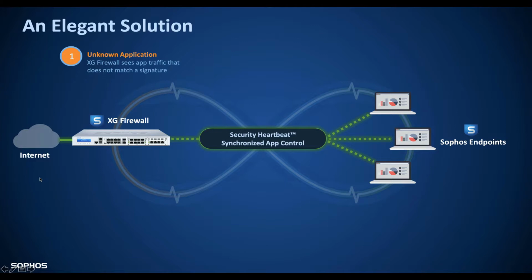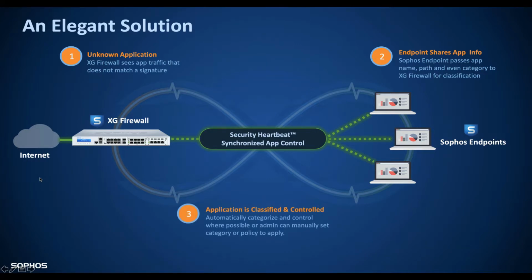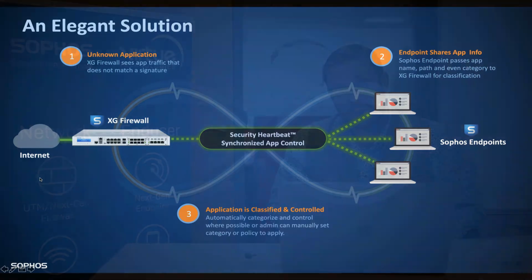But if it can't find a match, it will go straight back to the Sophos endpoint and ask it for more information, because that endpoint will intrinsically know really useful information like the path of the application that was launched, and often the nature of the application itself. And it will take all of that information and pass it back to the firewall so that the firewall can learn the application and then classify it. And most importantly, of course, then we can build some rules around it.